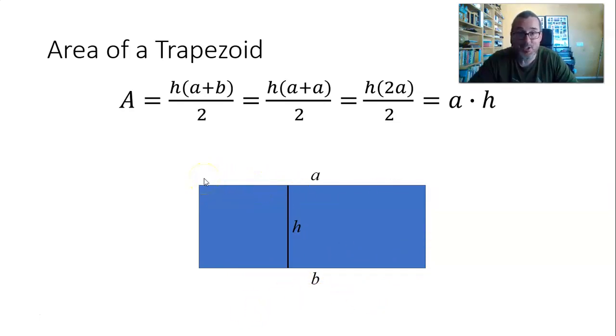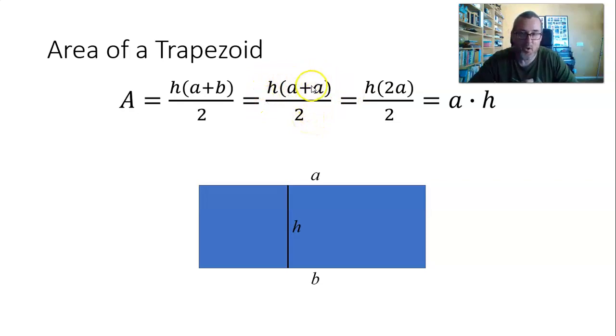But since this trapezoid is a rectangle, the length a and the length b are the same length. So instead of a plus b, we could just say a plus a, because a and b are the same measurement. So we could say a plus a times the height divided by 2.